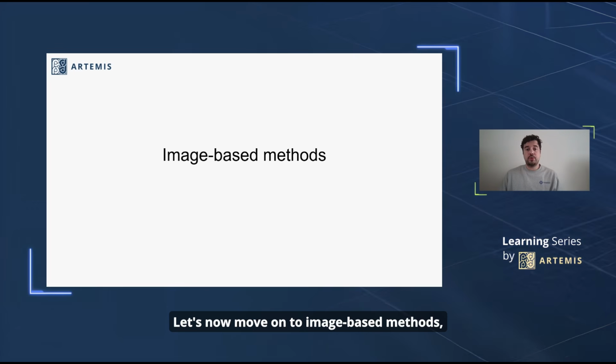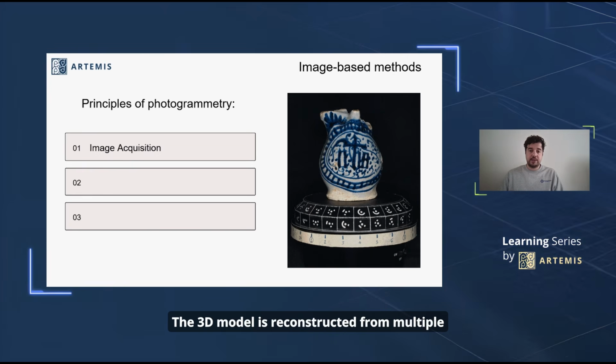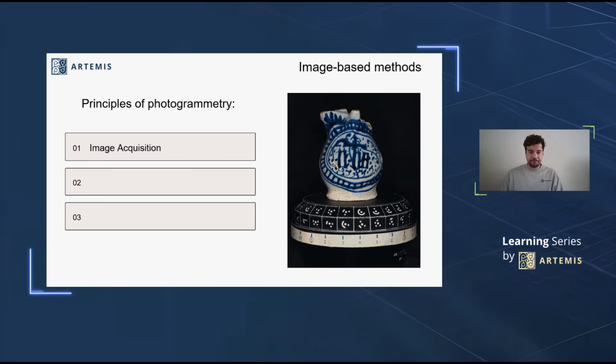Let's now move on to image-based methods, with particular attention to photogrammetry. Unlike range-based systems, these use passive sensors, such as photographic cameras, which do not emit their own signal, but record the light reflected by the surfaces. The 3D model is reconstructed from multiple images of the same subject, acquired from different viewpoints with good overlap and distributed coherently around the object.